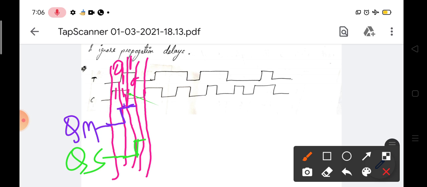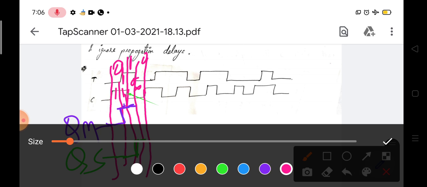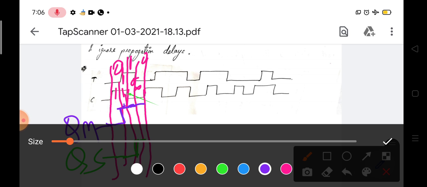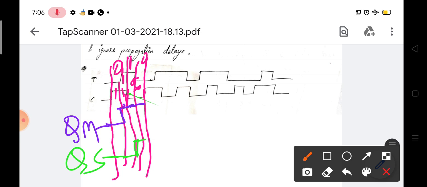Here T has become 0 and the clock is also 0. T is 0, clock is 0. Clock 0 means my output retains its previous state. So QM retains its previous state and QS again retains its previous state.